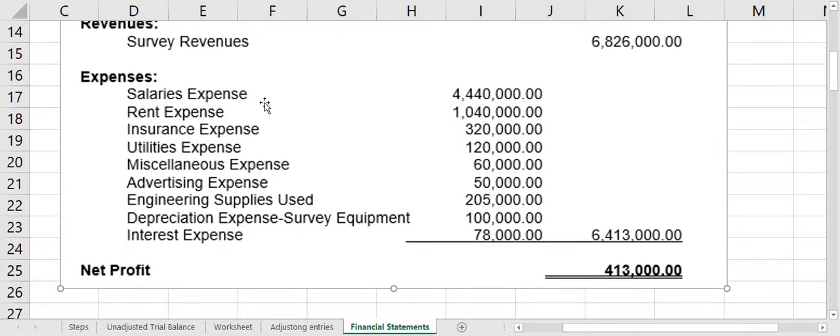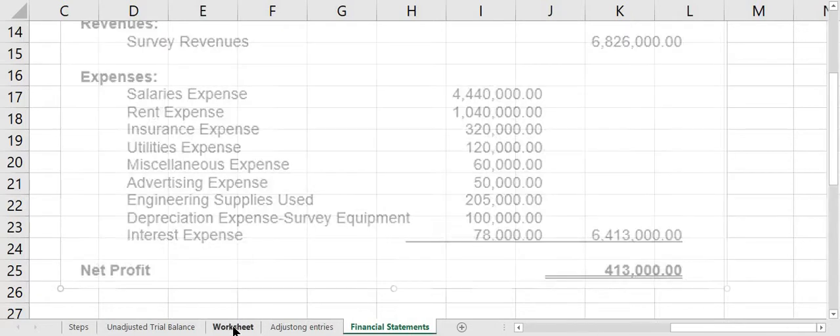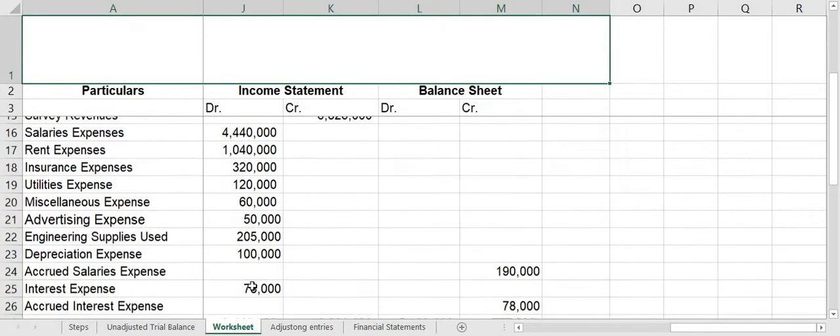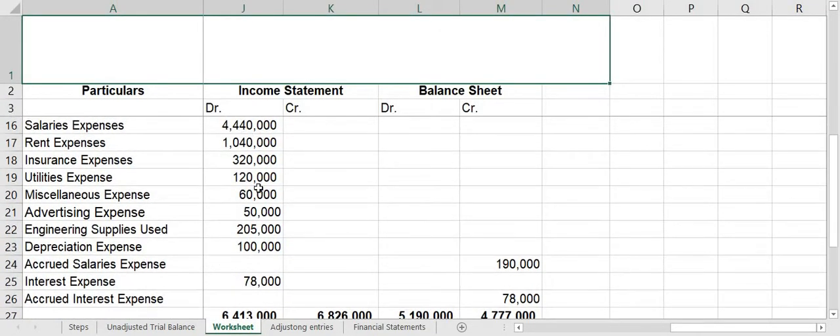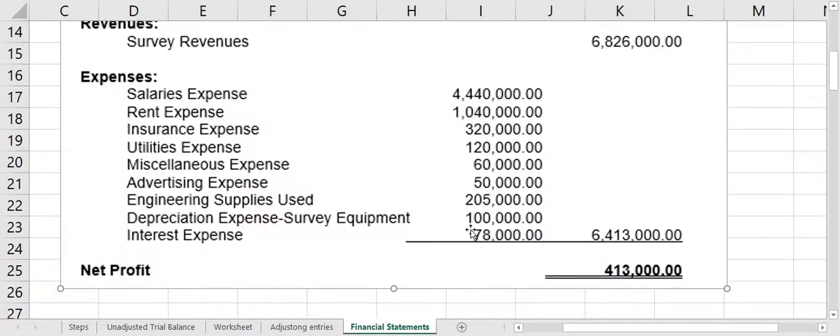Okay, ito. Next is our expenses. Ayan. Salaries, rent, insurance, utilities, miscellaneous, advertising, engineering supplies used, depreciation, and interest expense. Okay? So, lahat ng to, yung mga expenses na ito, comes from your worksheet. Okay? The total expenses is 6,413,000.